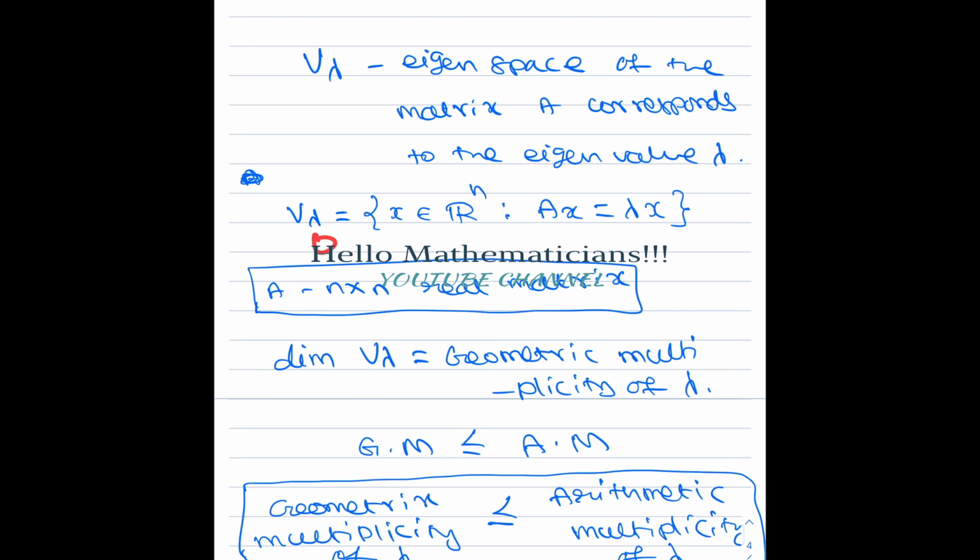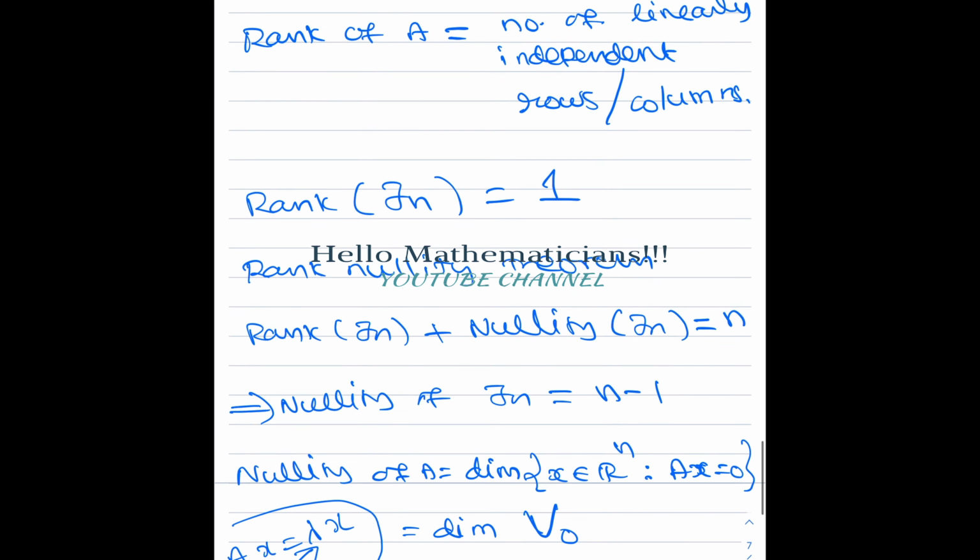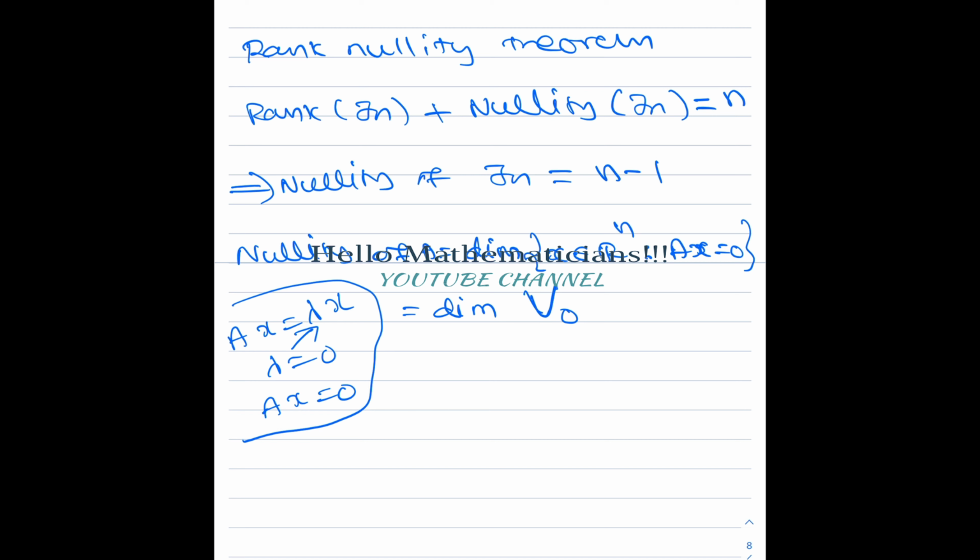If I put 0 here, I get Ax equal to 0. Therefore, nullity of A equals the dimension of V0, which is the geometric multiplicity of the eigenvalue 0.